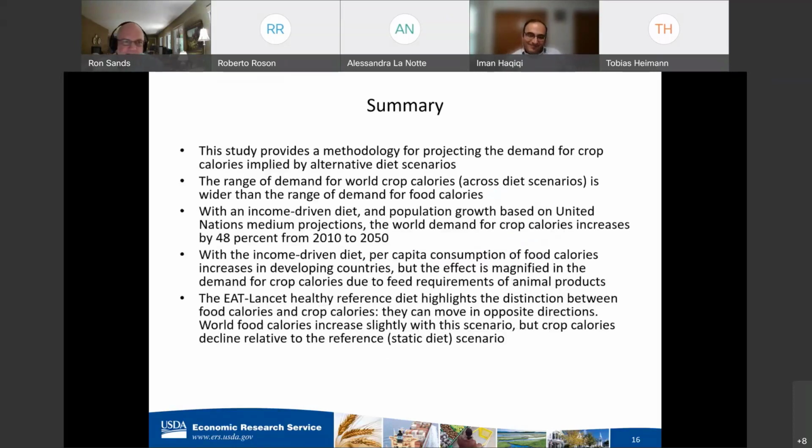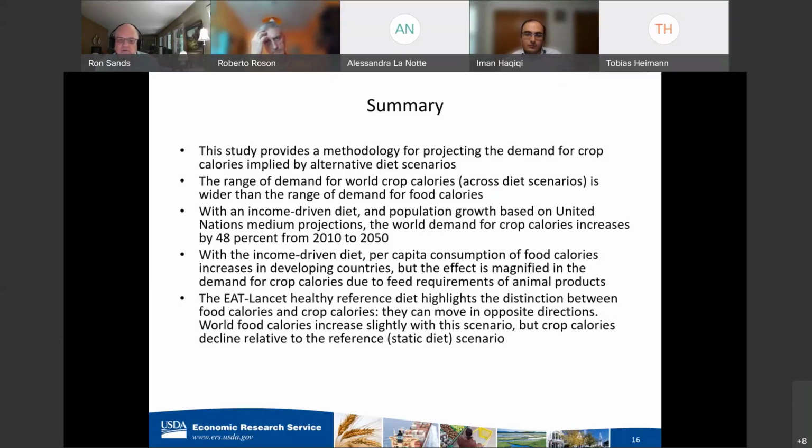This is my last slide, just to summarize. I presented the methodology for modeling these dietary scenarios. One takeaway is that the range of demand for world crop calories is wider than the range of demand for food calories, with the exception that with the EAT-Lancet healthy reference diet, this highlights the distinction between food calories and crop calories.